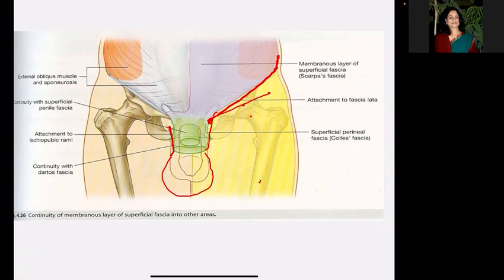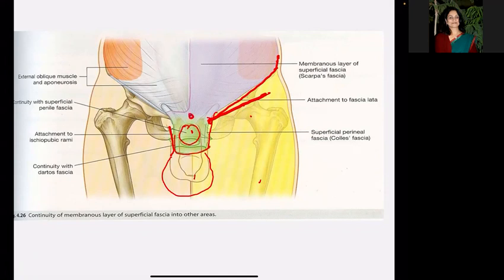In the midline, it is continuous with the fascia around the penis and scrotum.